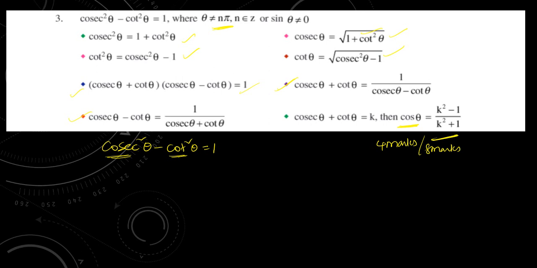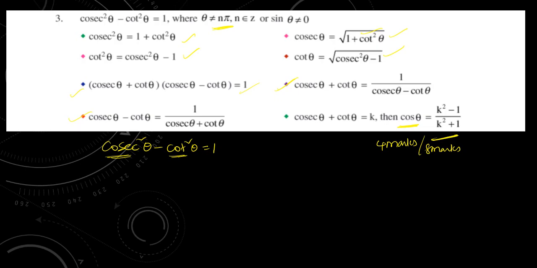If you are good at this particular concept, right, these are the things we have in this chapter. If you are good at all these topics, then we can easily solve all the problems related to trigonometry given in our textbook, right? So these are all important formulas.